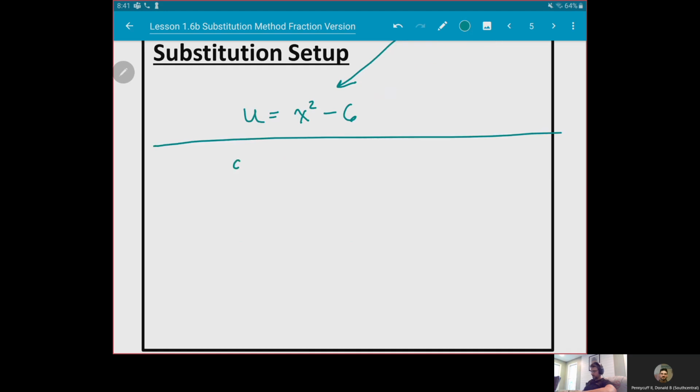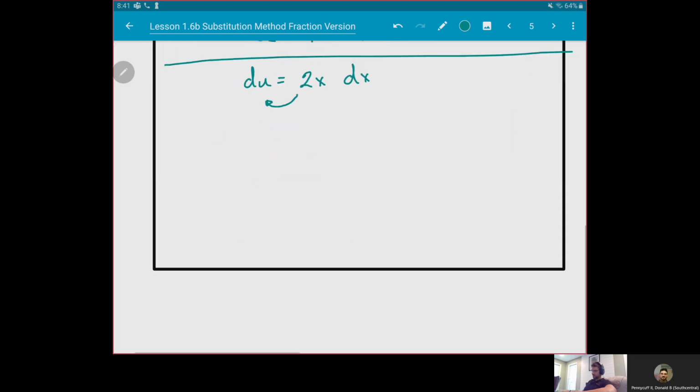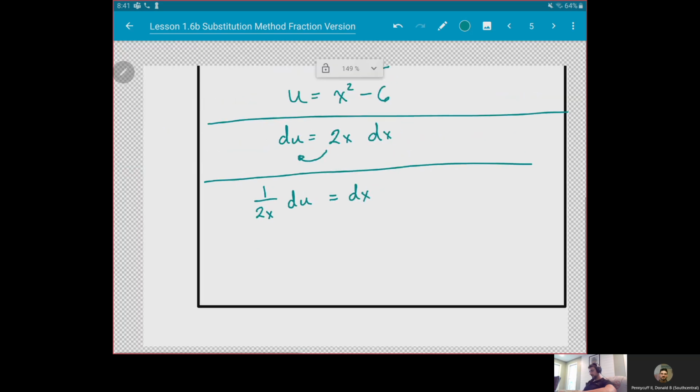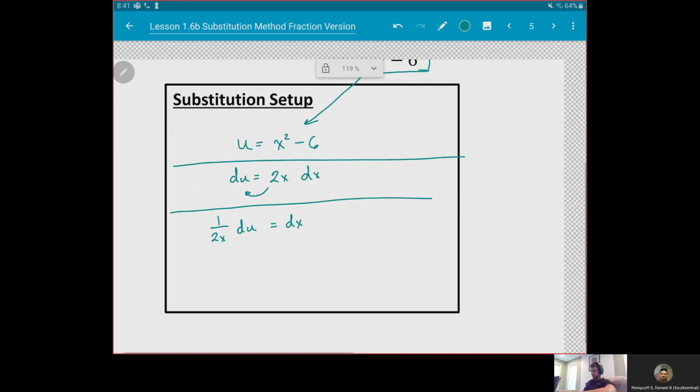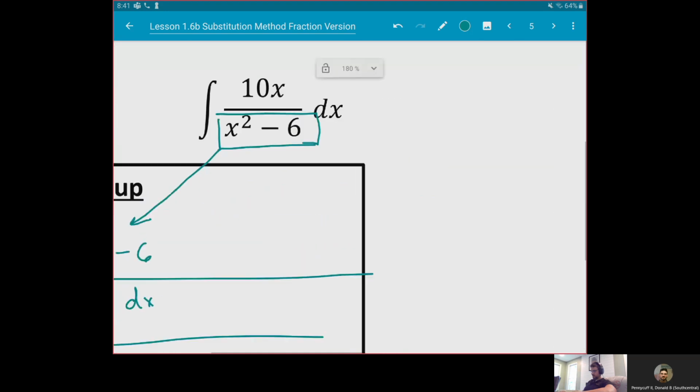So that means that du is going to be equal to 2x dx. Move this to the other side, and I'm going to get 1 over 2x du is equal to dx. So now I am good to go. I've done my substitution. I've got that all ready to go.